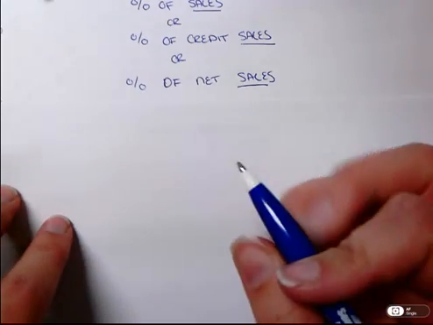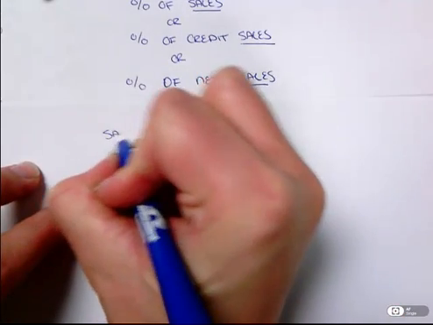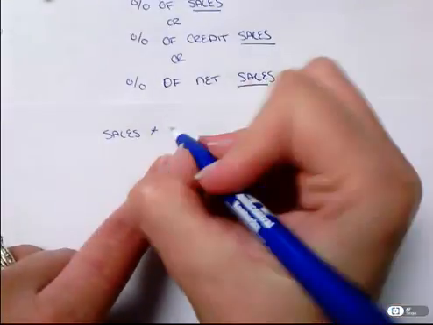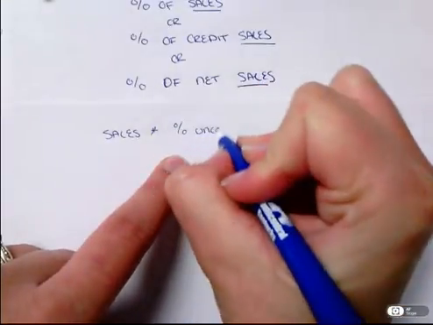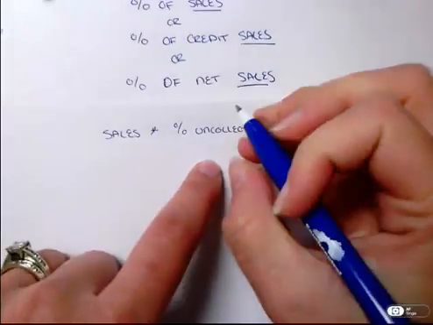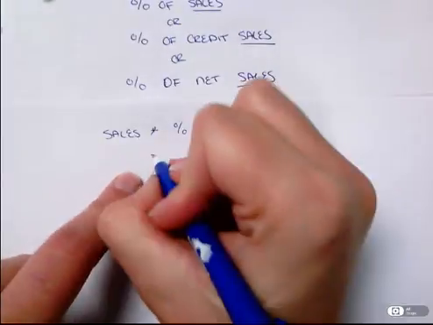So I'll use my sales amount times the percentage uncollectible to get the estimated uncollectible.